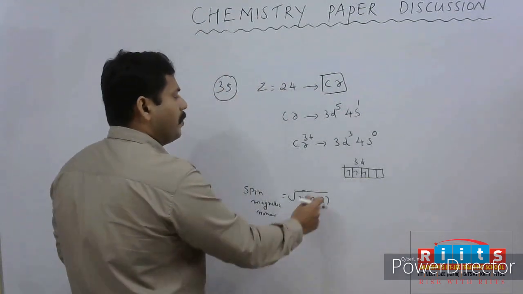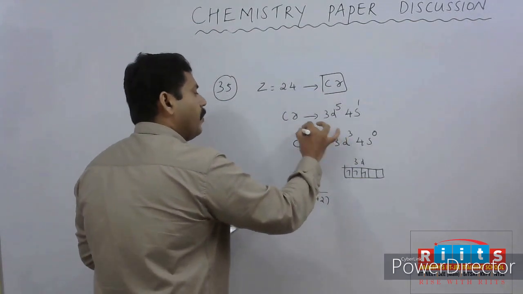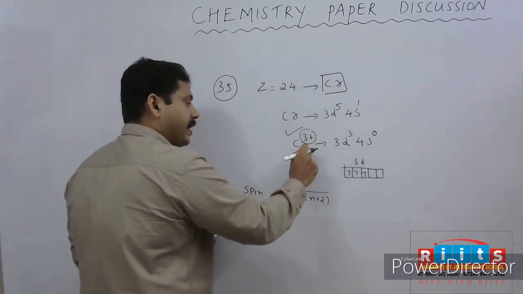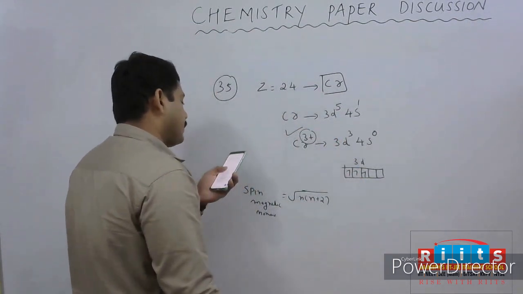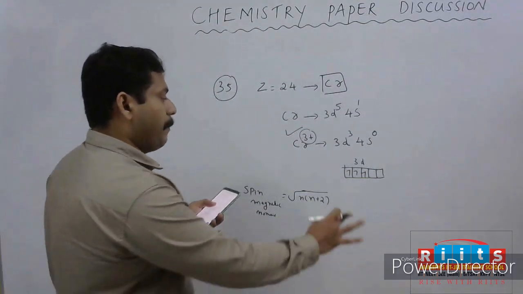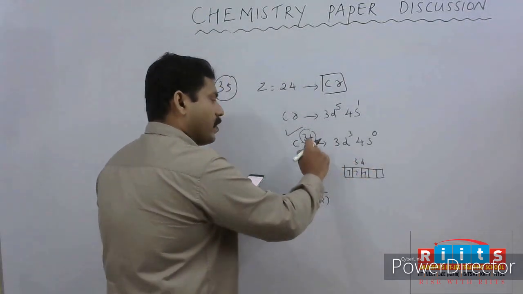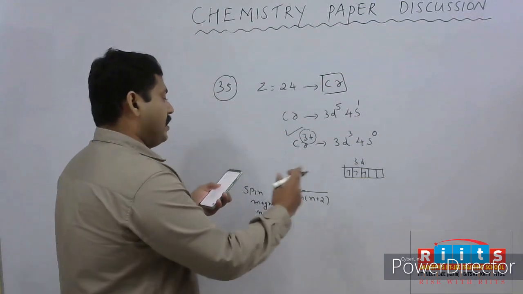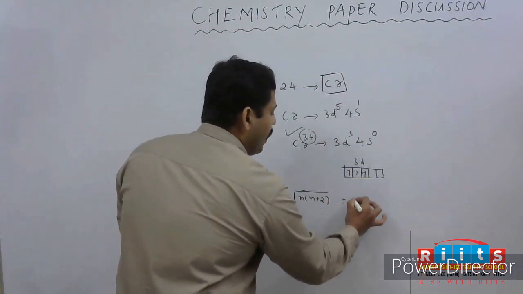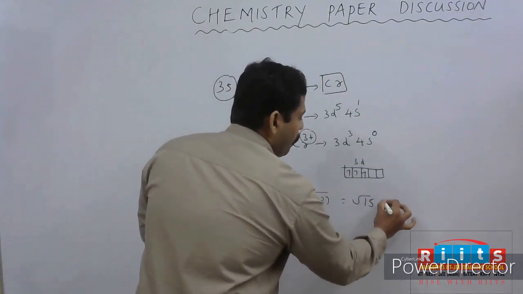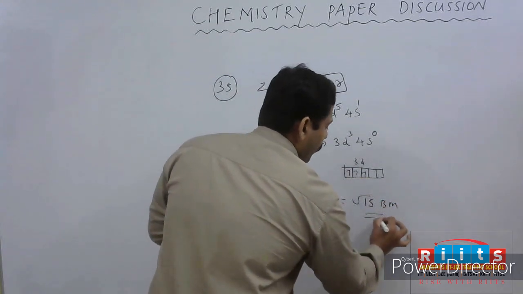So the correct answer is oxidation state plus 3. With oxidation state plus 3 we get 3 unpaired electrons. The number of unpaired electrons is 3, the oxidation number is plus 3, and the magnetic moment is root 15 Bohr magneton.